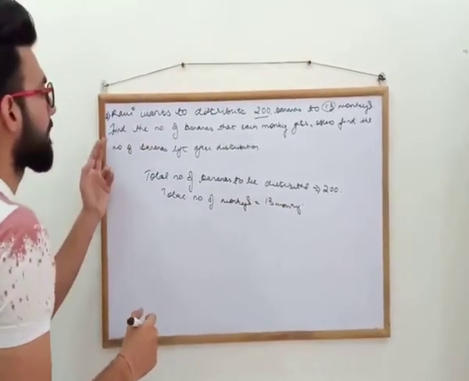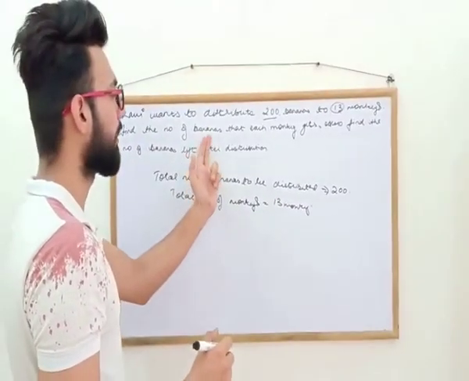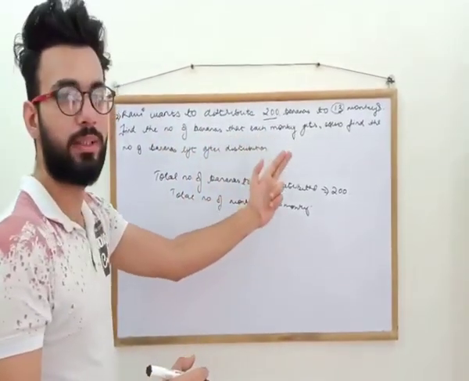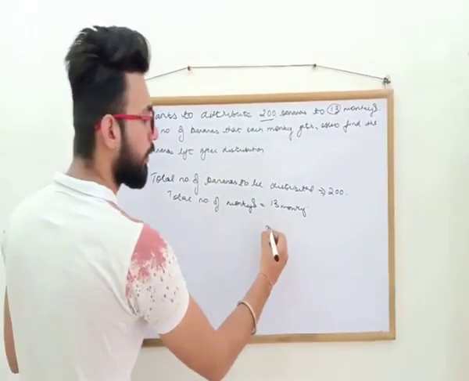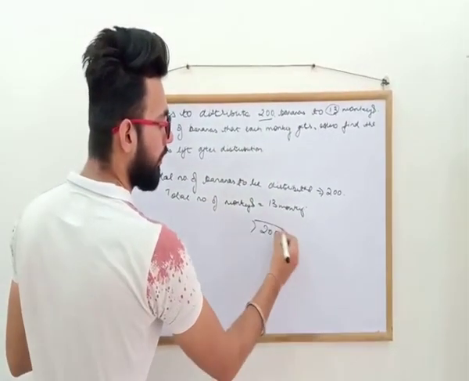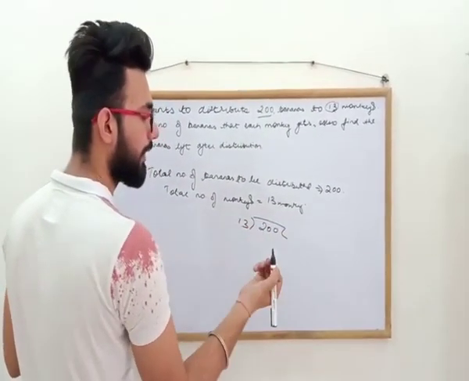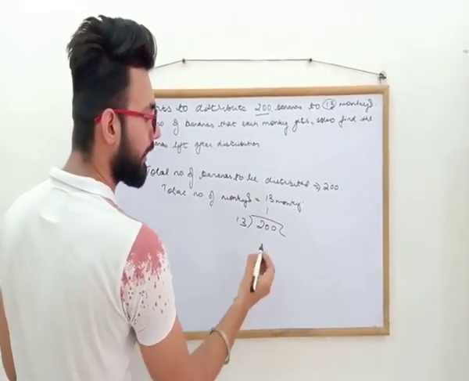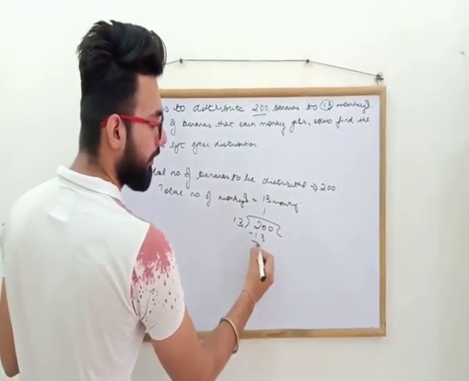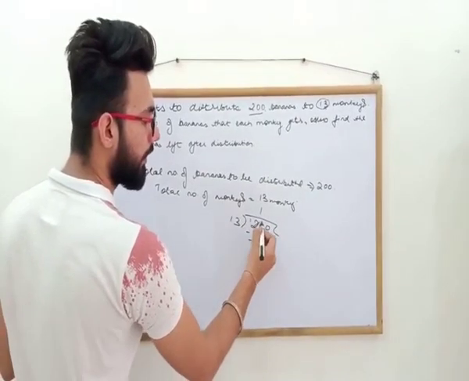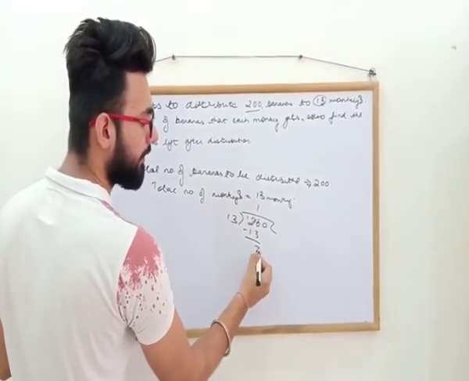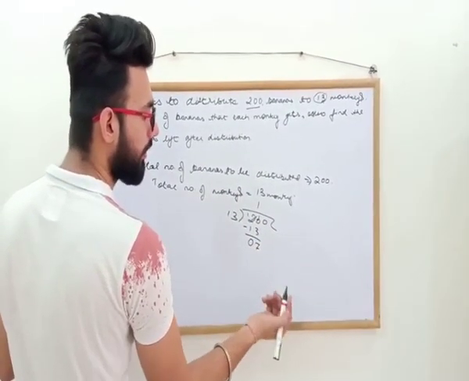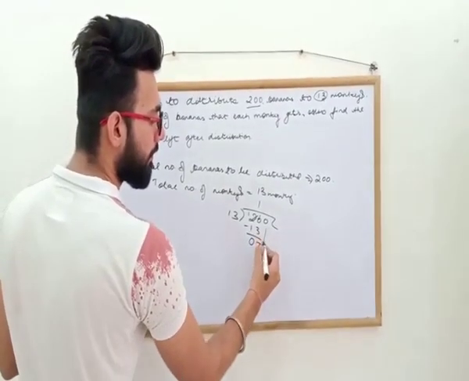Okay. We need to find the number of bananas that each monkey gets. Again, we need to divide it. So 200 is divided by 13. 13 ones are 13. Okay. 20 minus 13, 7. 10 minus 3 is 7. And 1 minus 1 is 0. Okay, cool. So 17.